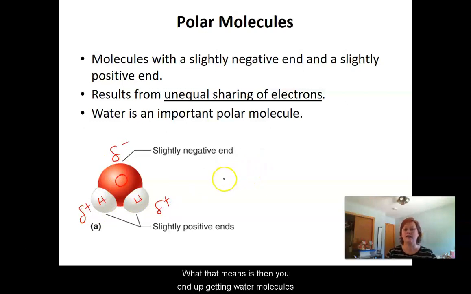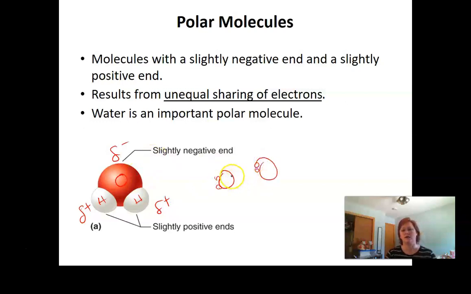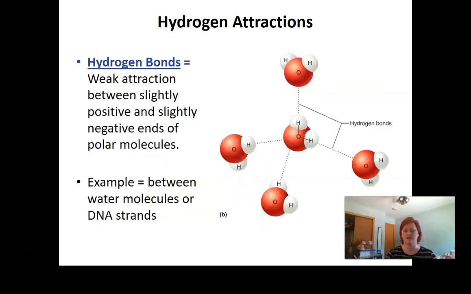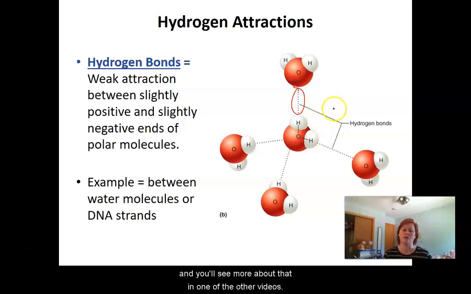What that means is then you end up getting water molecules that are going to be attracted to each other by weak hydrogen bonds. Those hydrogen bonds that we're seeing here between the water molecules are going to give water a lot of really important properties, and you'll see more about that in one of the other videos.